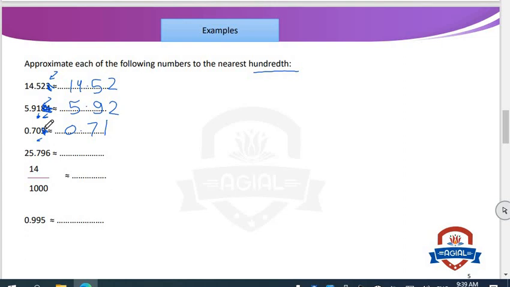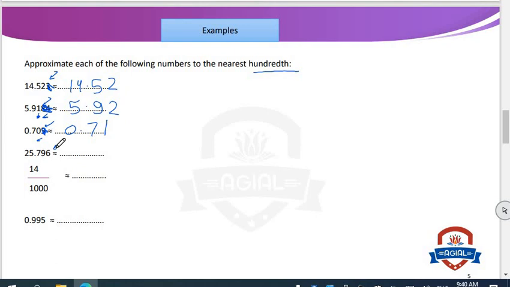Okay, number 4. Start to solve it. Super. When we approximate to the nearest hundredth, we ask number 3 after the decimal point in thousandth place. 6. Okay, 6, you are strong or you are weak? Super. 6 is a strong number because it equal to 5 or greater. So we add 1 to the number in hundredth place.